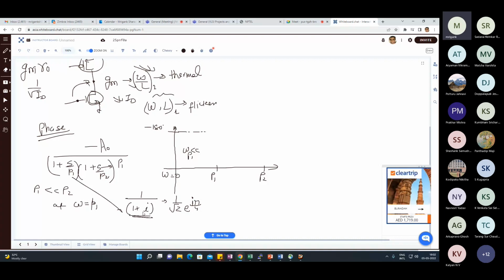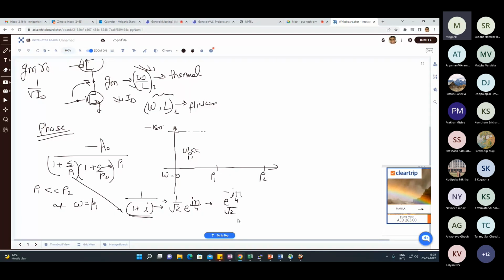You remember that an expression like 1 plus iota, in complex numbers, you can write this as root 2 e to the power of iota pi by 4. I hope you know this exponential representation of the complex number. If that is understood, then in the numerator, it will become e to the power of minus iota pi by 4 upon root 2.